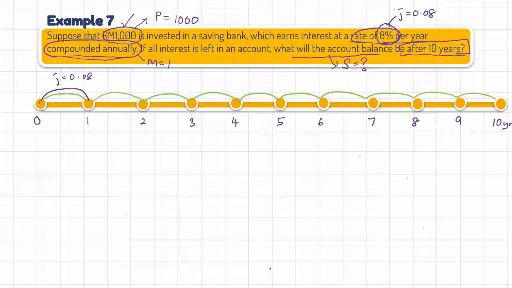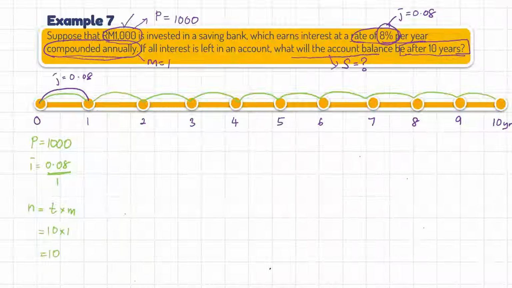Okay, let's rewrite the information. First, we have our P equals 1,000. We have our i, which equals 0.08 over 1, since our m equals 1. And then our n equals t times m, so it will become 10 times 1, which is 10.